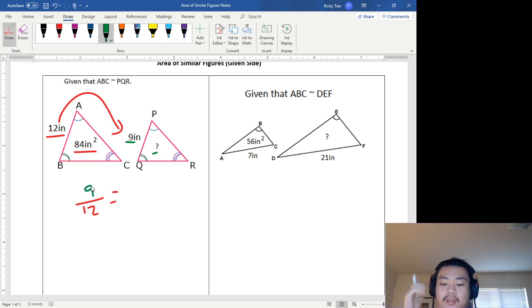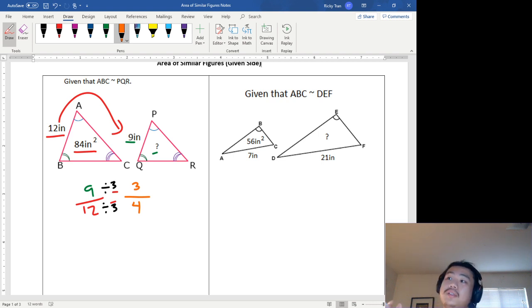Just like scale factor from A to B, you always put B over A. So the scale factor here, we're actually just going to reduce by dividing by 3, and we're going to get 3 over 4. So the scale factor is actually 3 over 4.